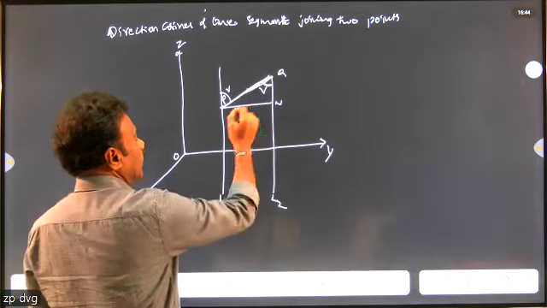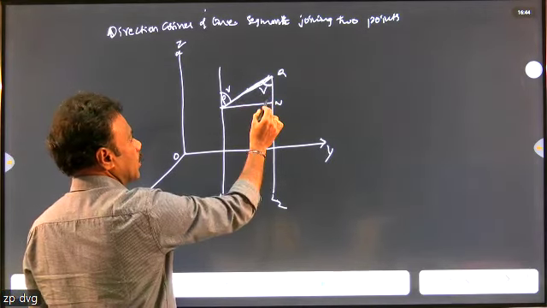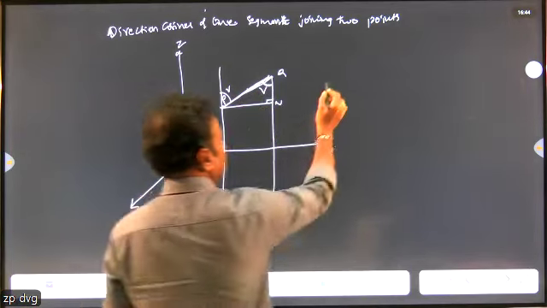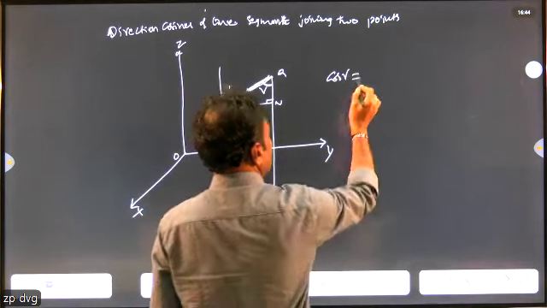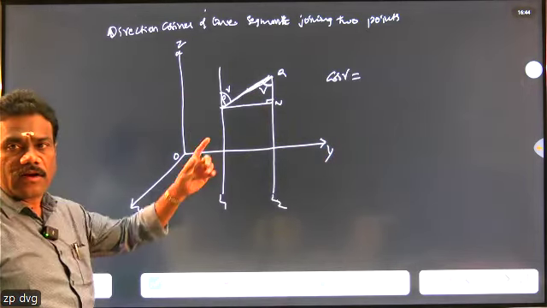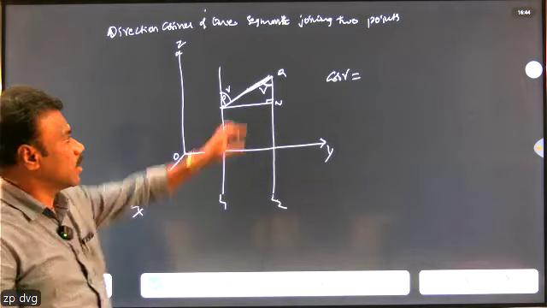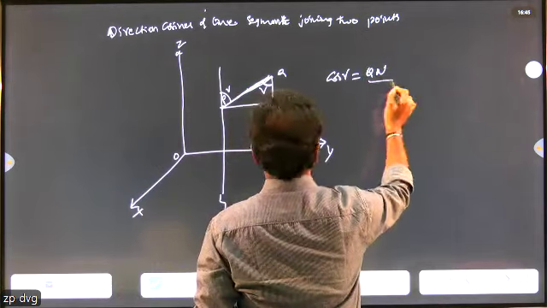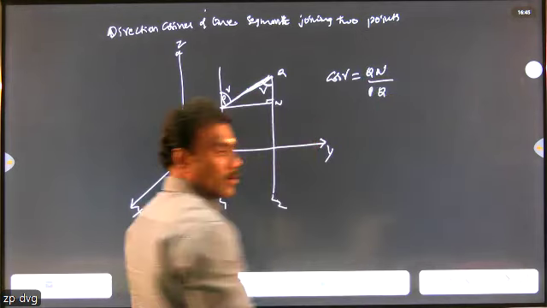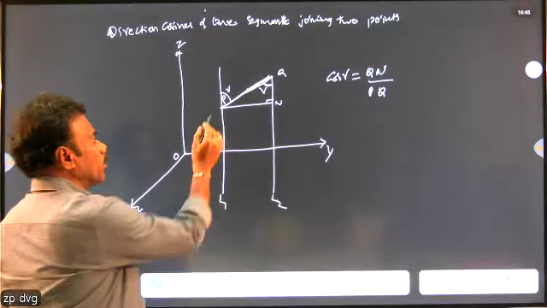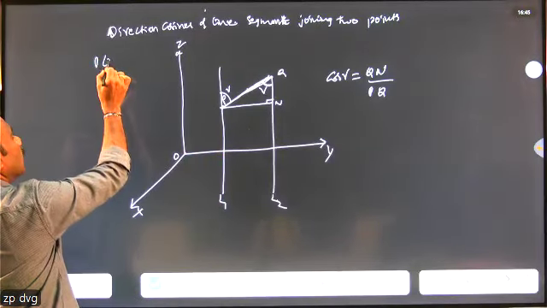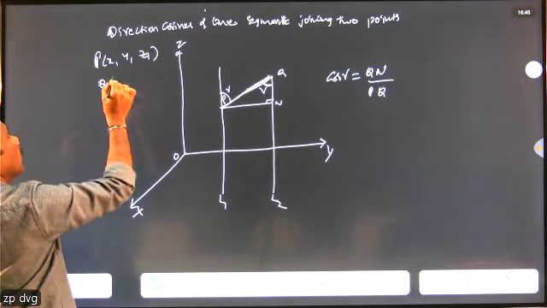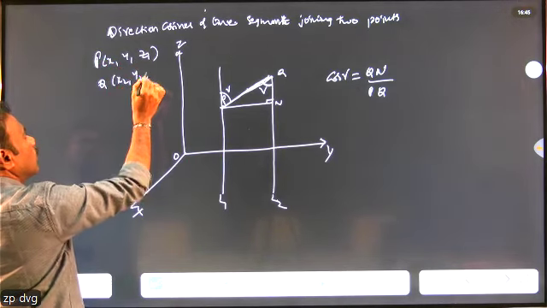Now take the right angle triangle PQN. Cos gamma is equal to adjacent side by hypotenuse, so it is QN by PQ. Let P be the point x1, y1, z1 and Q the point x2, y2, z2.